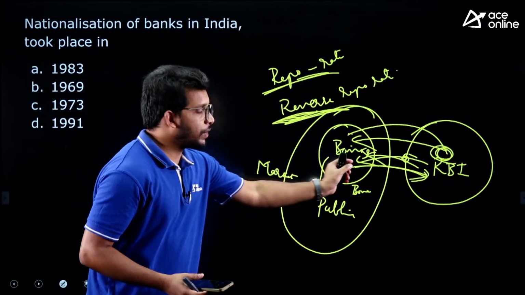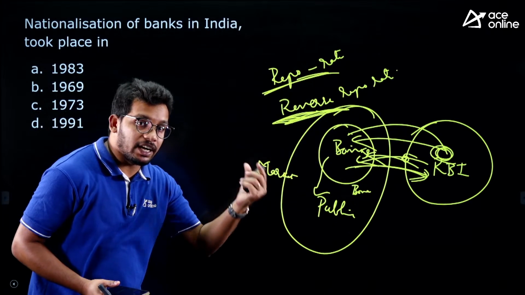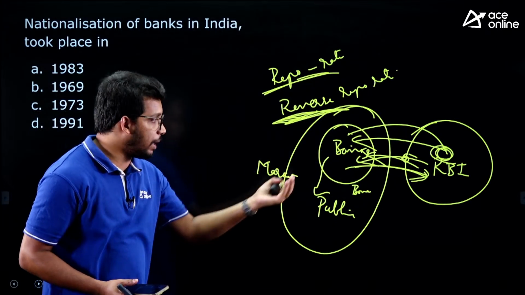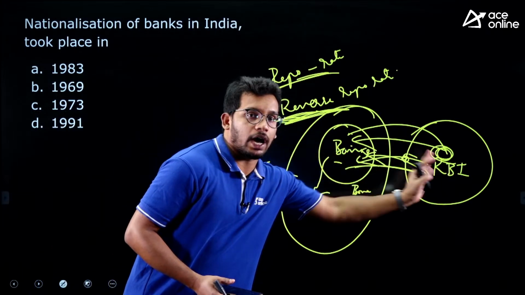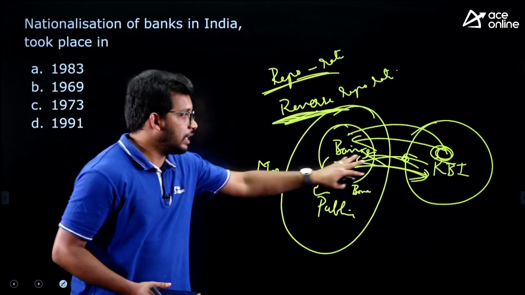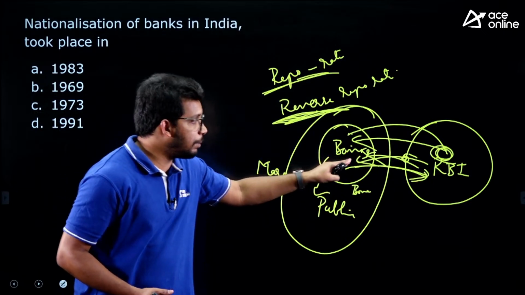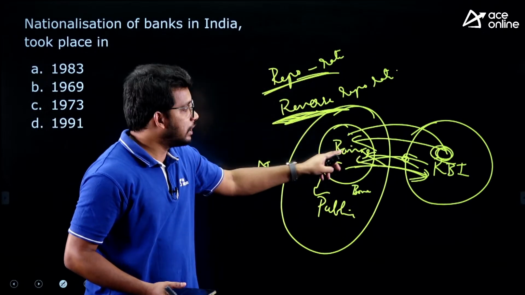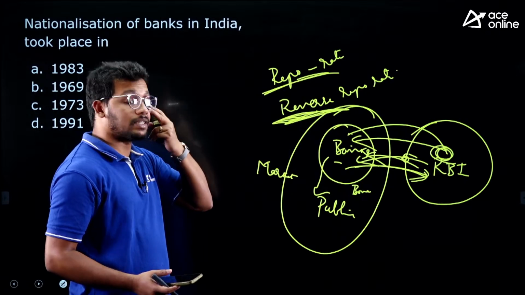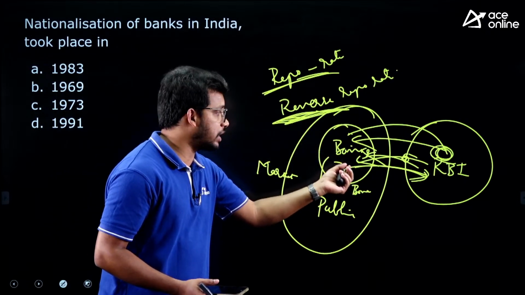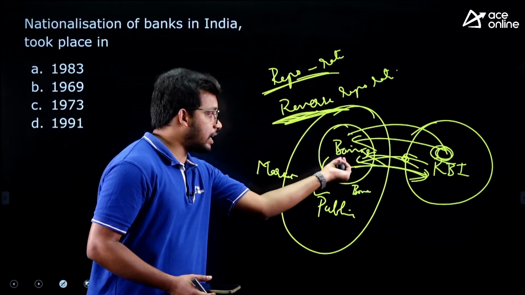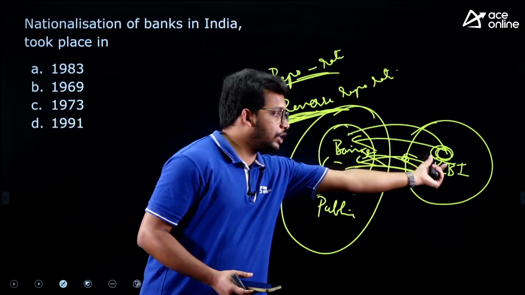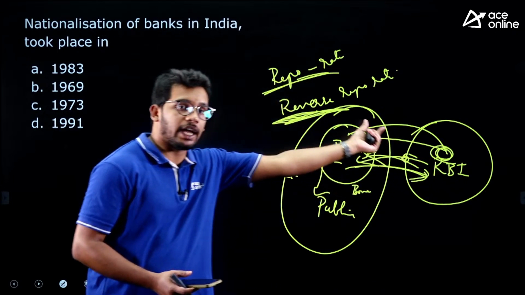Understand, whenever banks need money, they will give their existing bonds to the RBI, take money, and pay interest to the RBI. That is called the repo rate. Maybe earlier we discussed it in reverse, so try to understand once again. Whenever banks lack money, they give bonds to the RBI and take money.